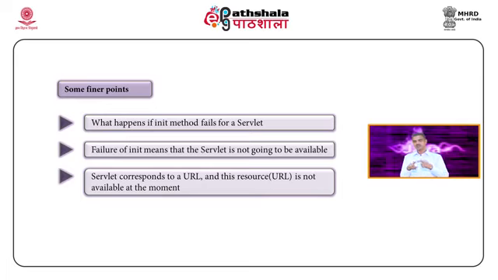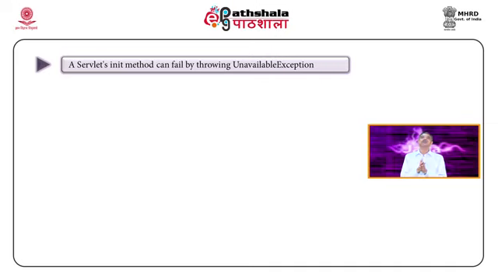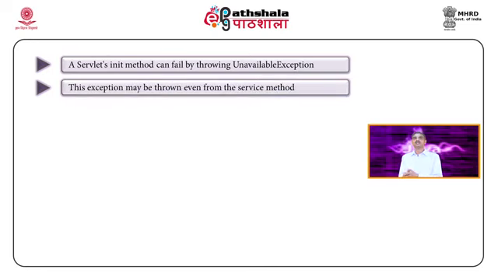So, whenever our init method fails, it would throw an unavailable exception, which may be thrown by the init method to indicate, I can't start at this moment. I do not have the proper resources I need available, and therefore I cannot start.